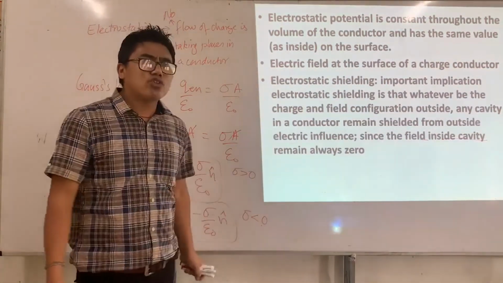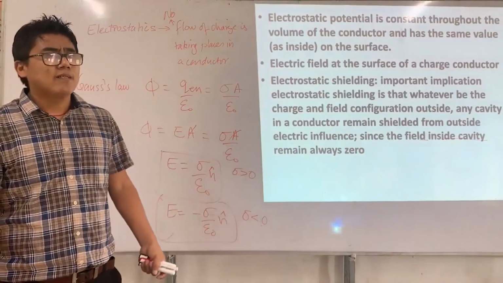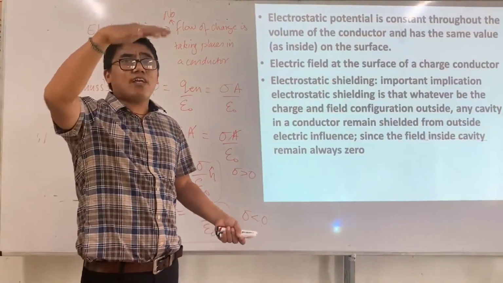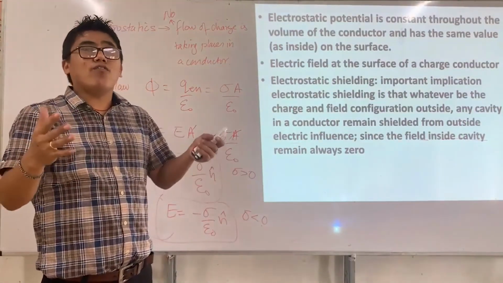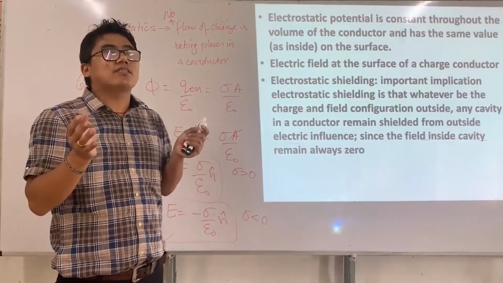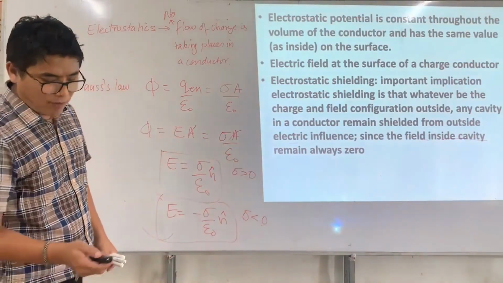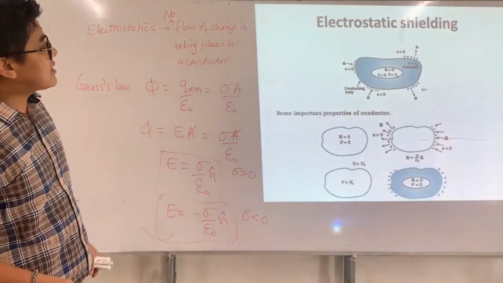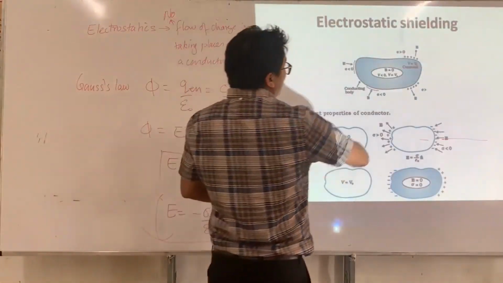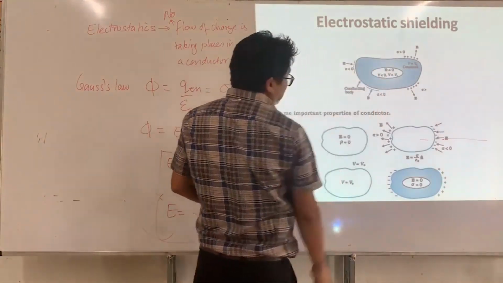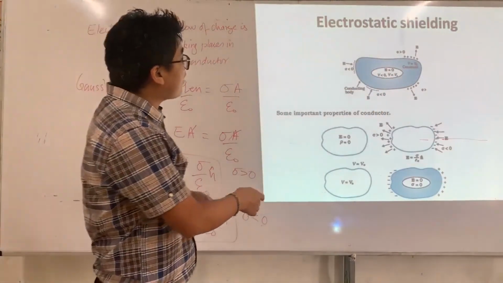So these are huge applications. When lightning strikes, if you are sitting in a conductor, you won't get any damage. This is electrostatic shielding. The electric field inside the conductor is 0.